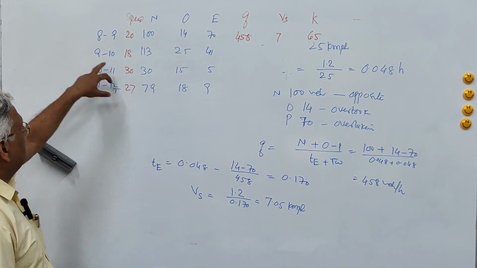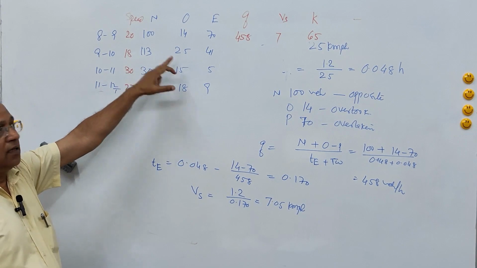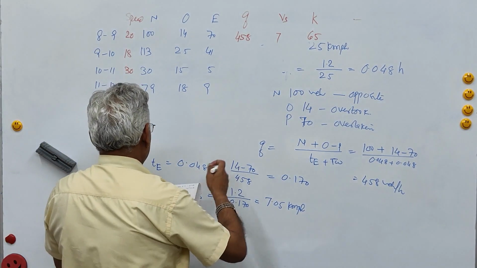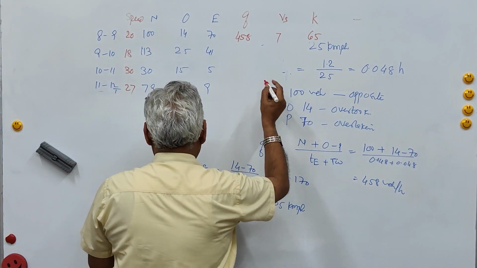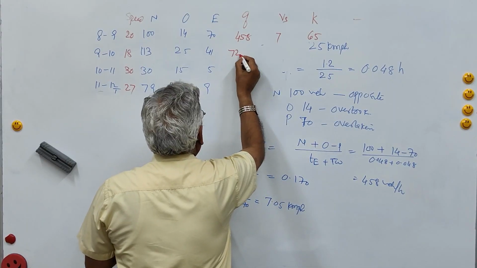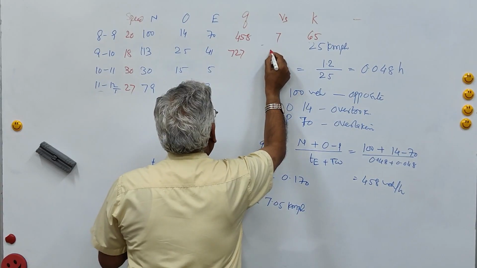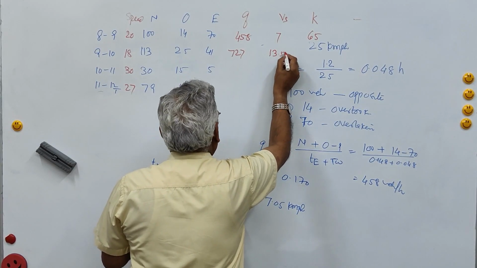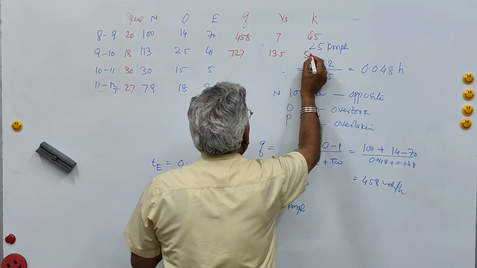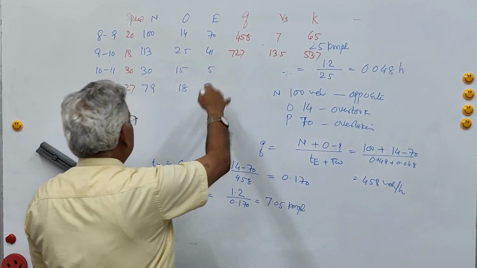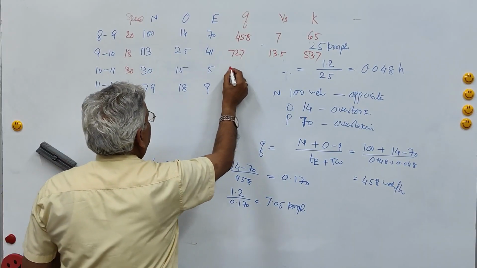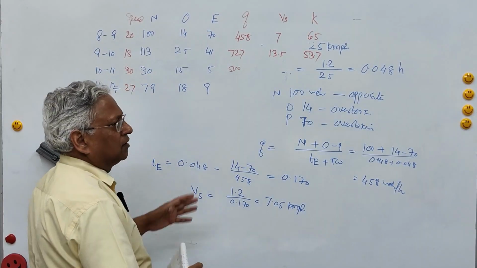Similarly, in the same manner, if you analyze this data, you get another set of Q. Q is now 727, speed is 13.5 and density is 53.7. Similarly, in the next, you have some 500.